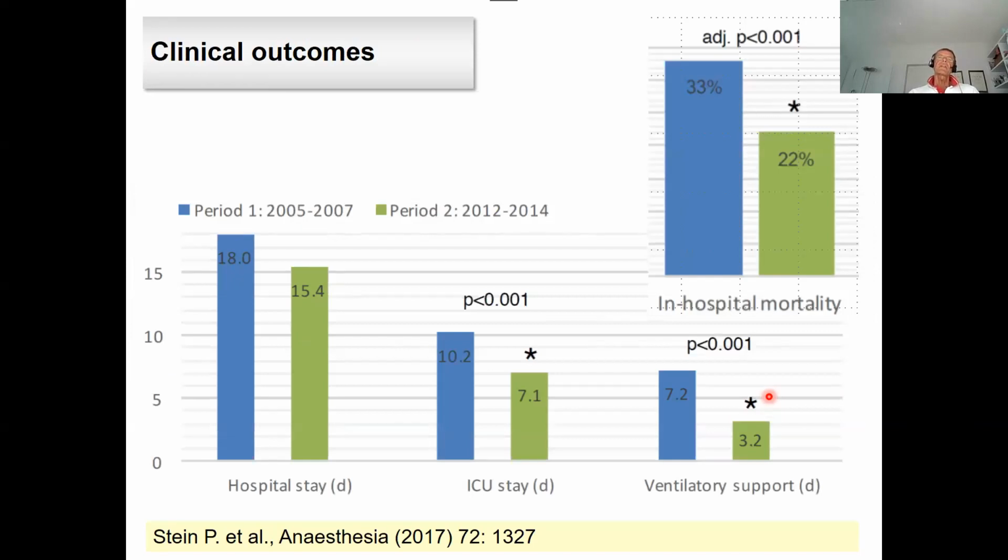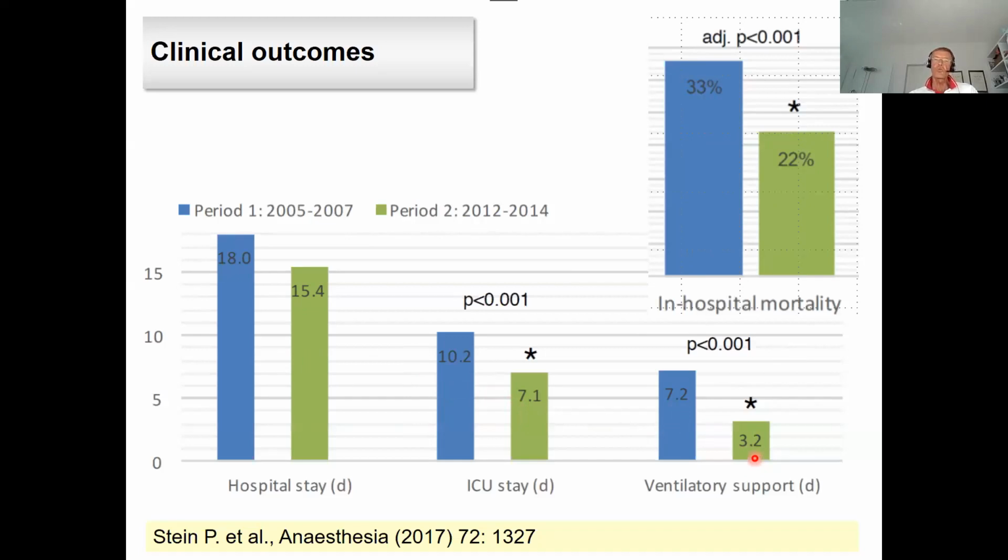Now, in terms of clinical outcomes, hospital length of stay was about the same. ICU length of stay was 3 days shorter. This is highly relevant. And ventilatory support was down from 7 days to 3 days. And this is tremendous.